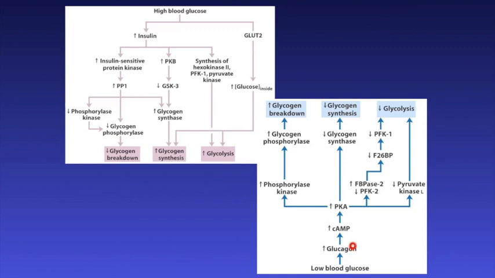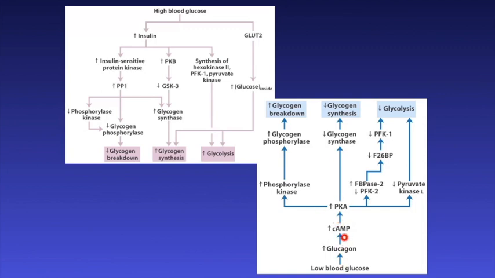That receptor will upregulate a G protein. Remember, the G protein is a trimer, with an alpha, beta, and gamma subunit. It separates the gamma and beta subunits away from the alpha. The alpha goes to an enzyme called adenylate cyclase. The adenylate cyclase will upregulate cyclic AMP. Cyclic AMP will upregulate PKA.